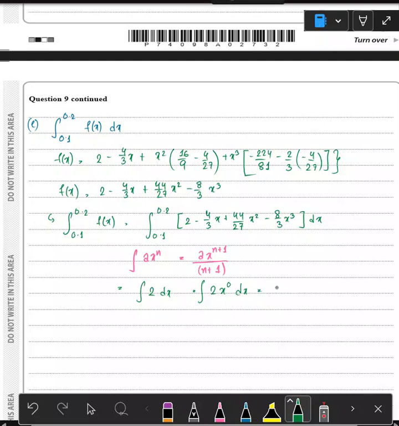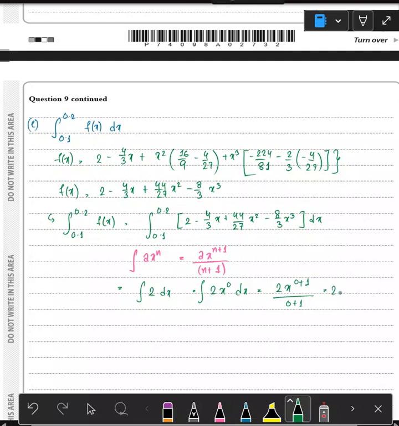So a is 2, so a would remain the same, and x to the power 0 here, n is 0 here, so that will become 0 plus 1 and divided by 0 plus 1, which is just 1.